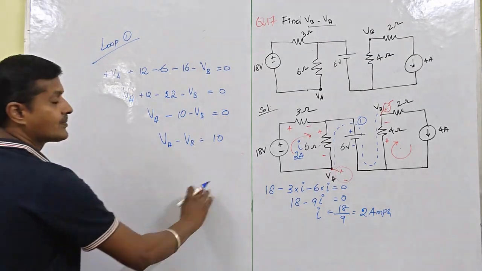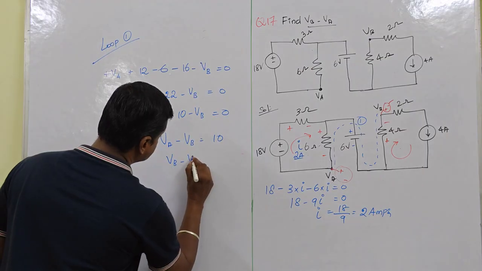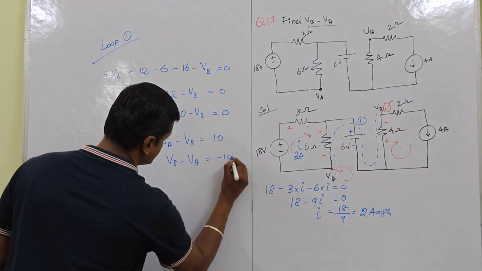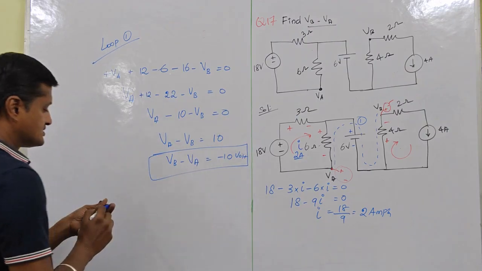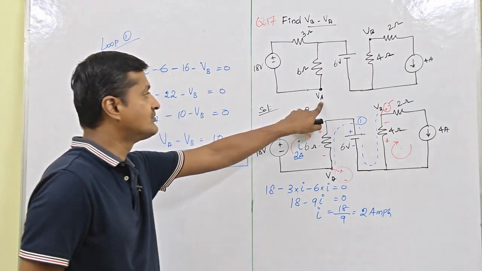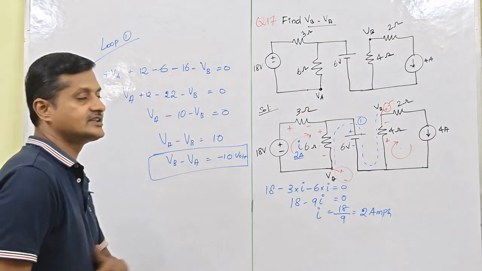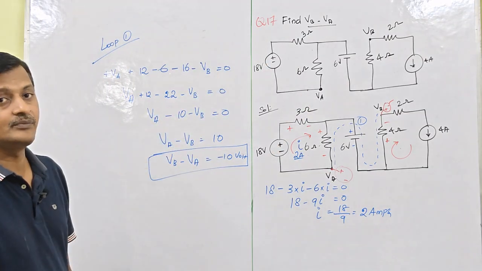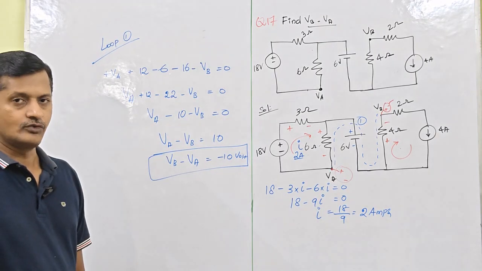We need VB minus VA, so VB minus VA is equal to minus 10 volt. What was asked? We have to find the value of VB minus VA. What we wrote here is VA minus VB equal to 10, but what is asked is VB minus VA.